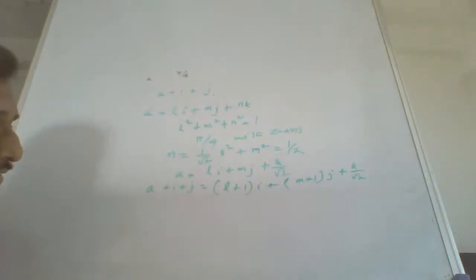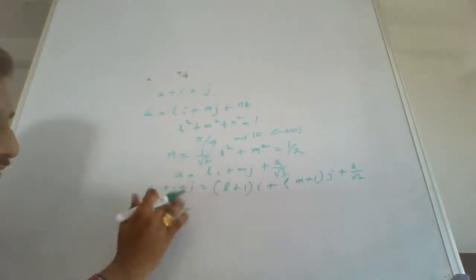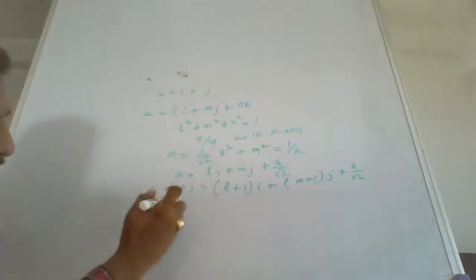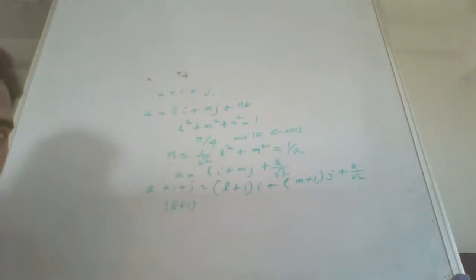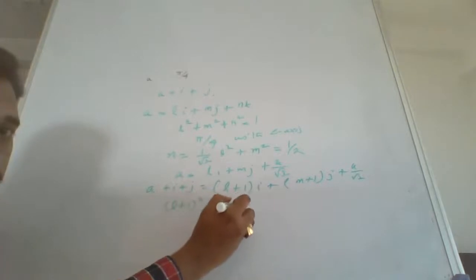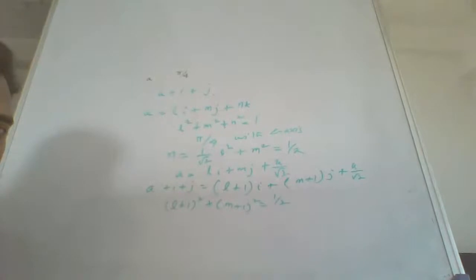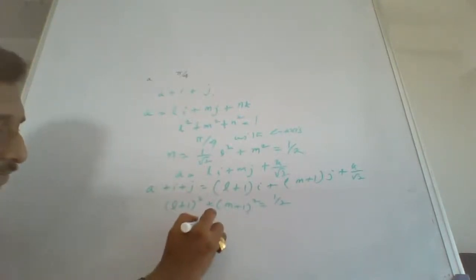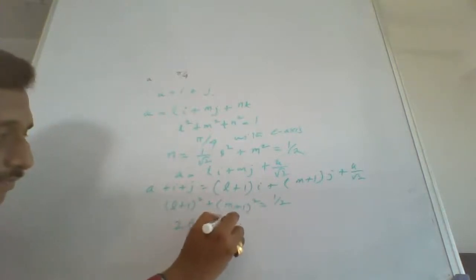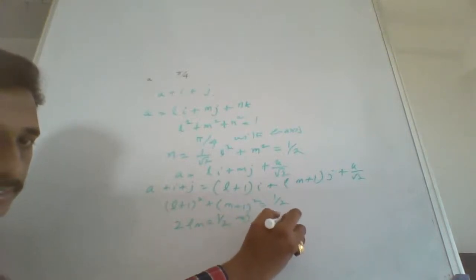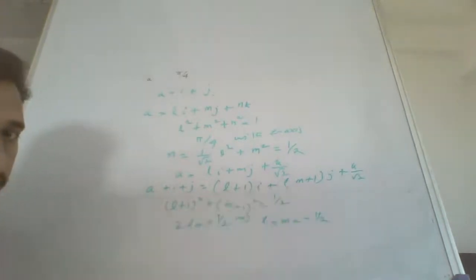Its magnitude is 1. Hence, we can consider that (l plus 1) whole square plus (m plus 1) whole square is equal to 1 by 2, and 2lm is equal to half. So this implies l is equal to m, which is minus half.